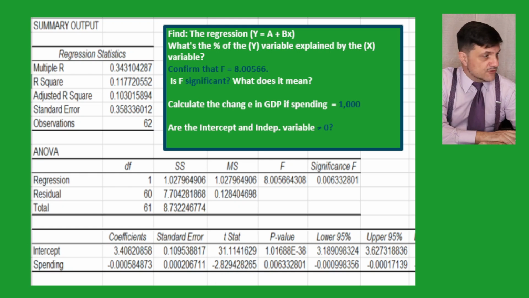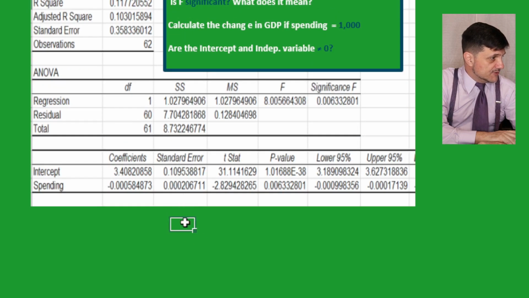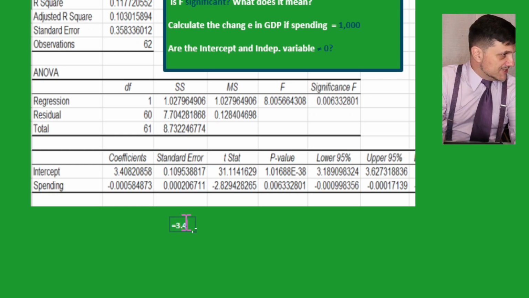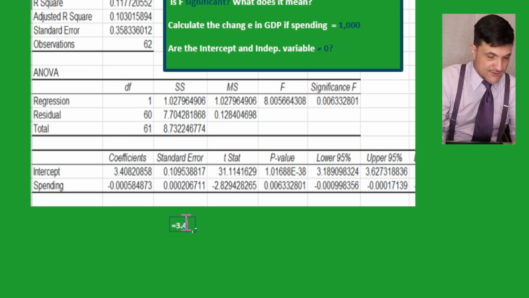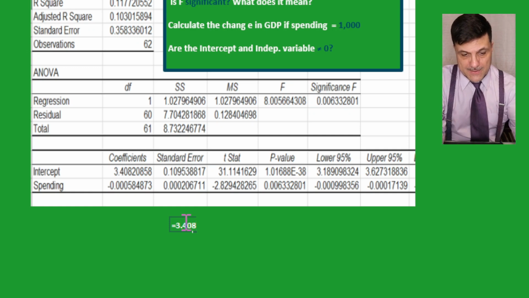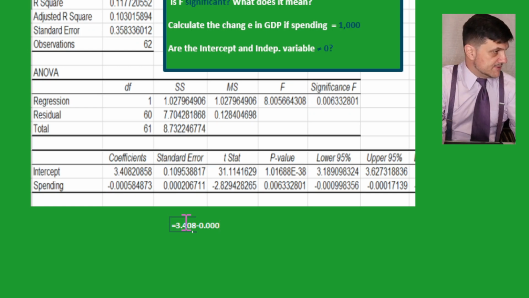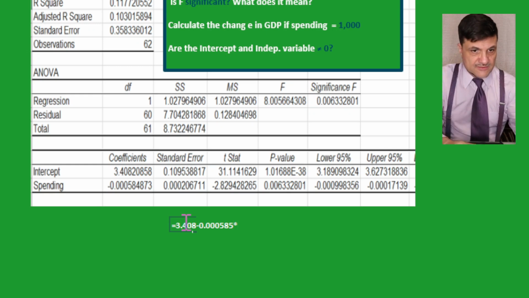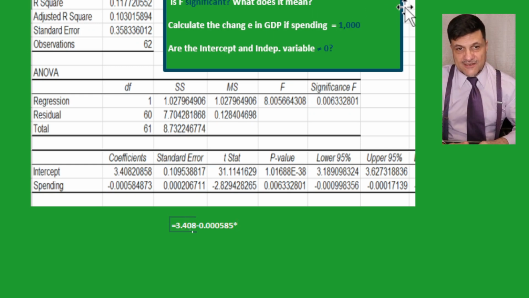So all you have to do here, friends, is substitute. I hope I have space here. We substitute here, right? If you have Excel, you would do equals 3.408, I'm going to round those numbers, minus 0.000585, be careful with the minus, don't forget that, times 1,000, because that's the value given there.